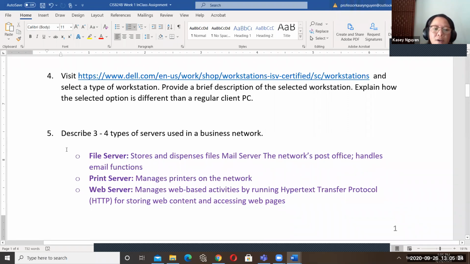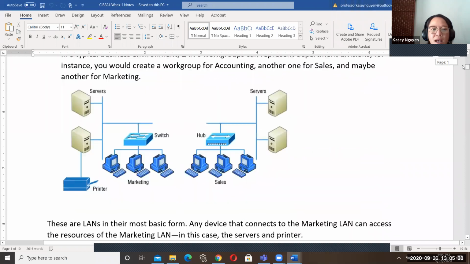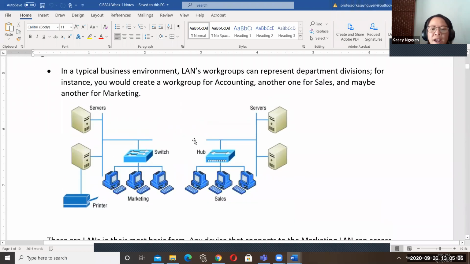All right, so for 5, there are different types of servers. So let's come back to the notes real quick. I just want to make sure I don't miss anything. So here you see a diagram. So when you see, right, it labels the switch right here. When you see the arrows on the appliance like that, right, it just means that it's passing packets.